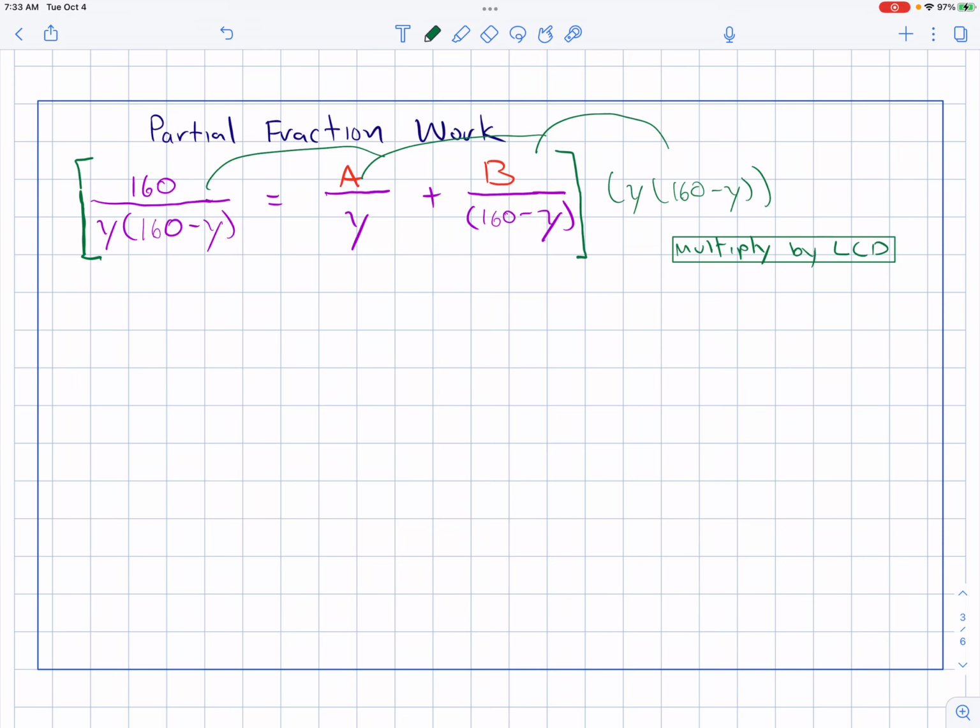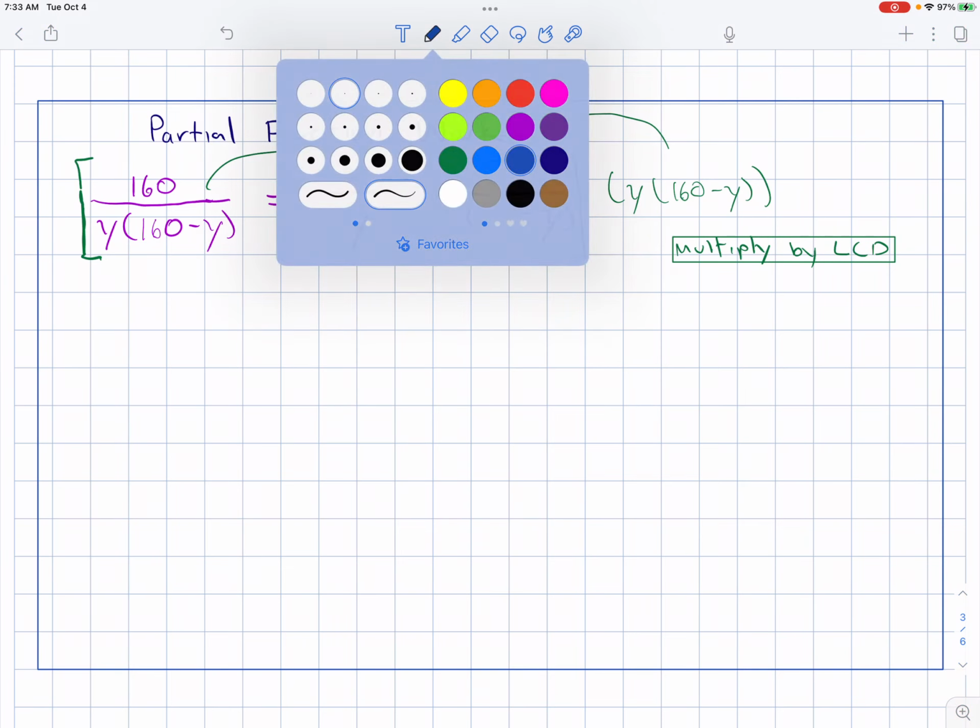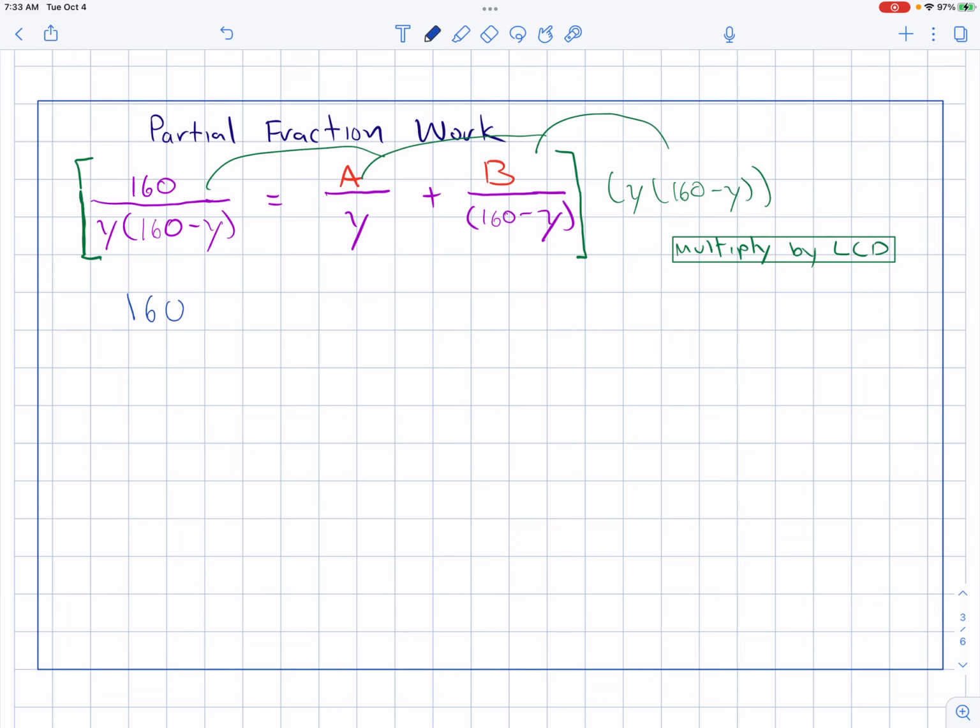We just get 160 on the left side, which is nice, being equal to, when we distribute the LCD to the a over y, the y cancels out, and we are left with a times 160 minus y, plus when we distribute it to the b over 160 minus y, the 160 minus y cancel out, and we are left with by.